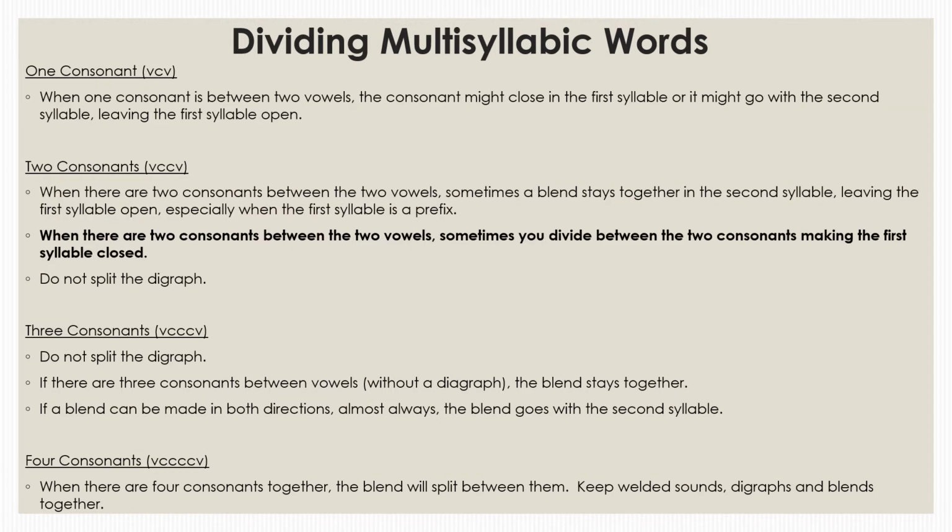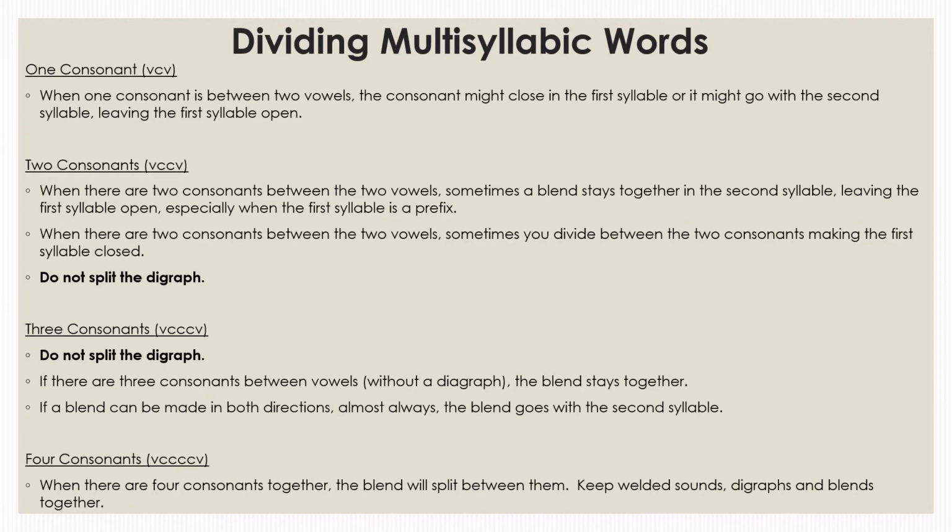When there are two consonants between the two vowels, sometimes you divide between the two consonants, making the first syllable closed. Remember not to split the digraph. If there are three consonants between vowels without a digraph, keep the blend together.